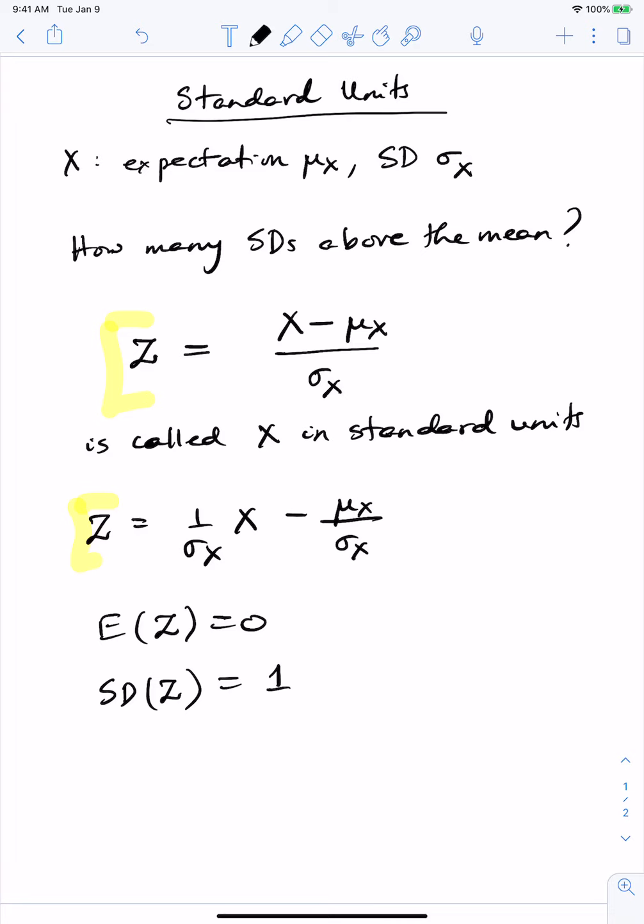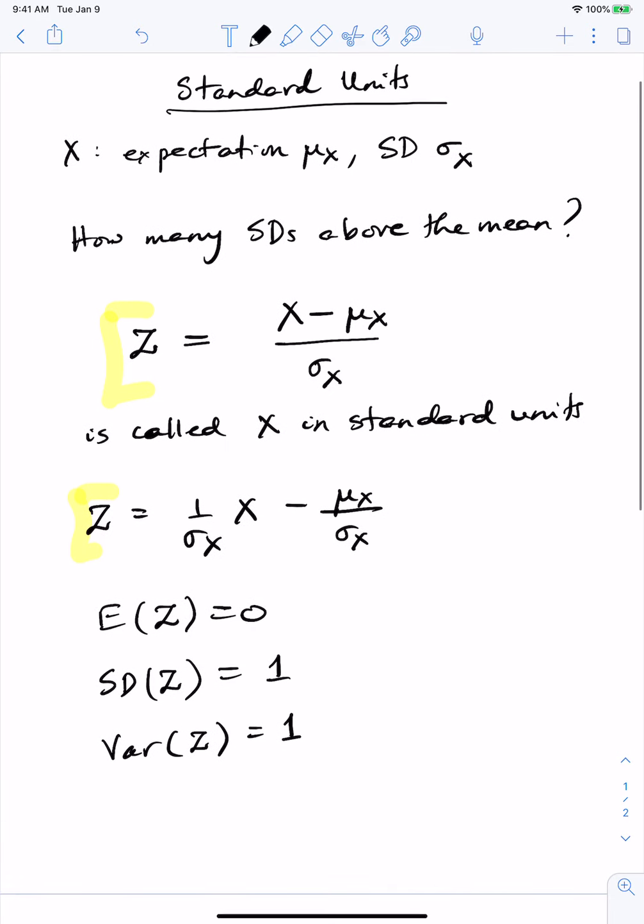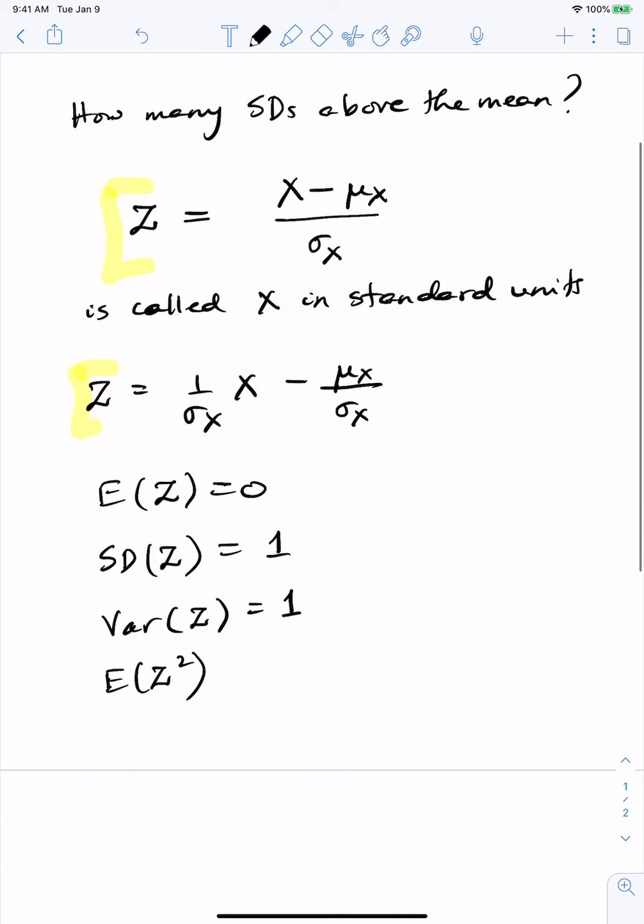And while we're about it, what's the variance of Z? Yeah, 1 squared, that's also 1. Well, we're on a roll here, so let's write another one. What is the expectation of Z squared? Keep in mind that these three quantities are linked.